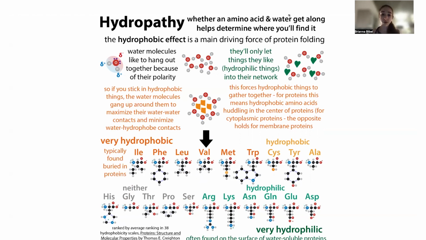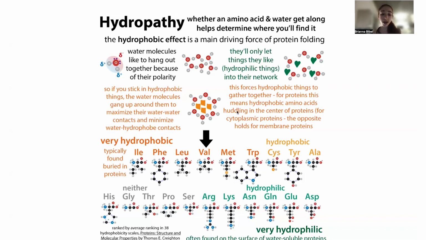And this hydrophobic and hydrophilic nature is going to help influence how the protein folds. And in fact, that's going to be the main driving force of protein folding: to minimize the contact of those hydrophobic things with the water, and get those hydrophilic things on the outside.